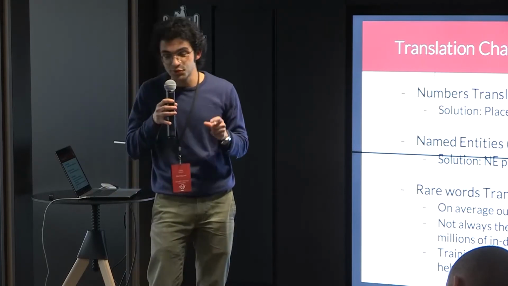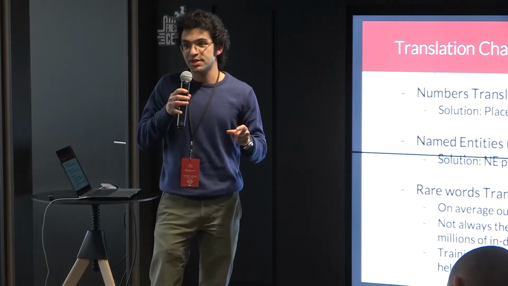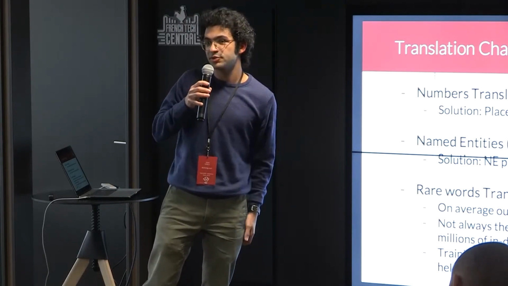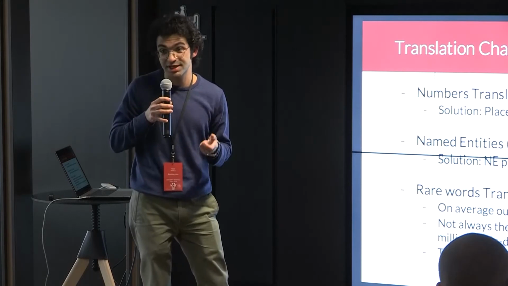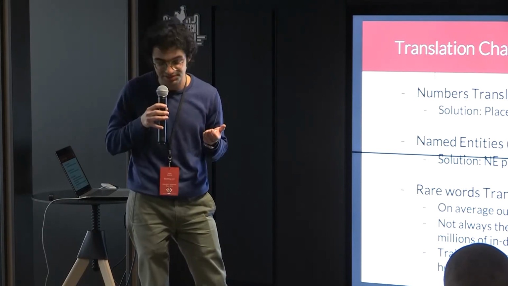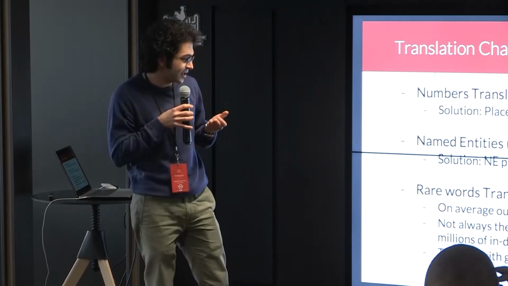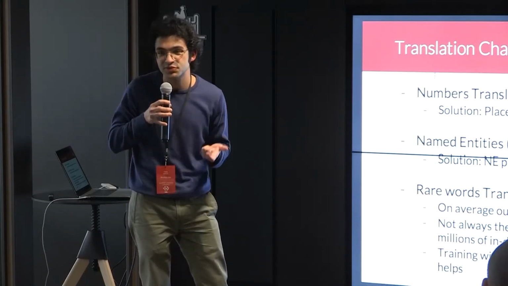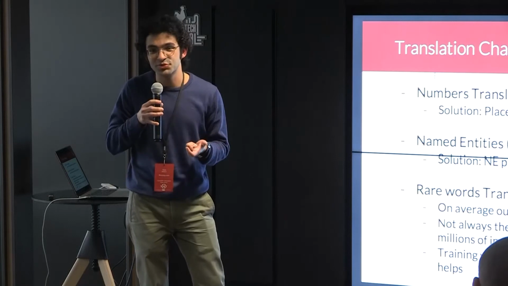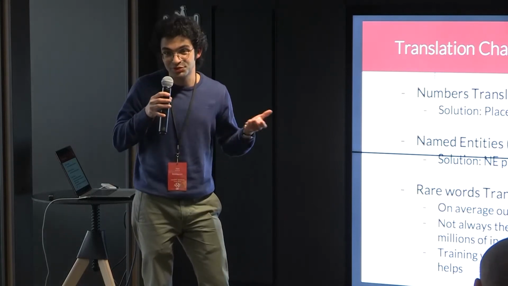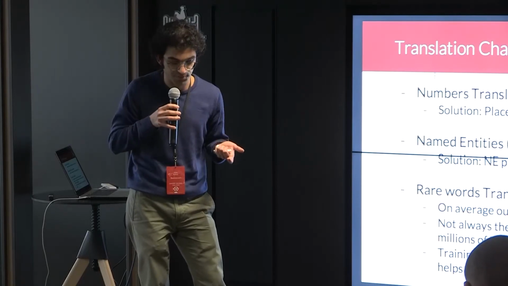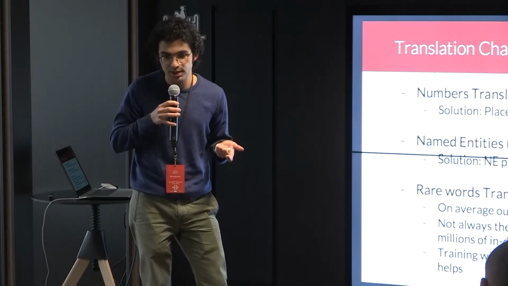But when it comes to rare words, those general domain systems perform better than our system. And then we realized that even if we have millions of in-domain data, maybe we need to train on all the available general data first, and maybe fine-tune with our in-domain data.